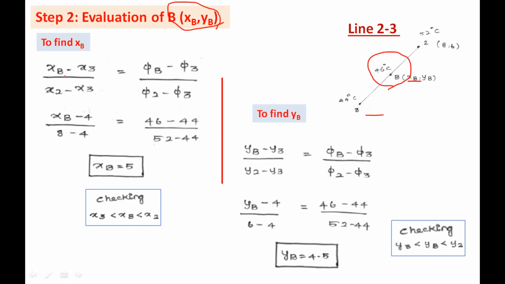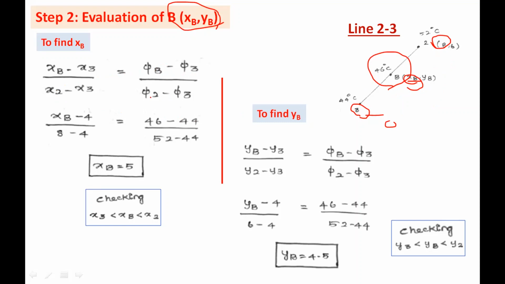You can also write xb minus x2 divided by x3 minus x2. That also will give the same answer. So either way we can use it. We take this node first: xb minus x3 divided by x2 minus x3. Otherwise we can write xb minus x2 divided by x3 minus x2. That also will give the same answer.